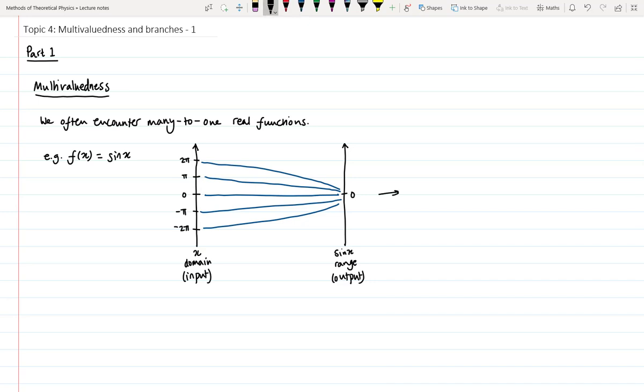Of course, this is probably clearer if we draw the sine function on some axes. We have x, we have sine x, and the function looks like this, where we have 0, pi by 2, pi, 3 pi by 2, and 2 pi.